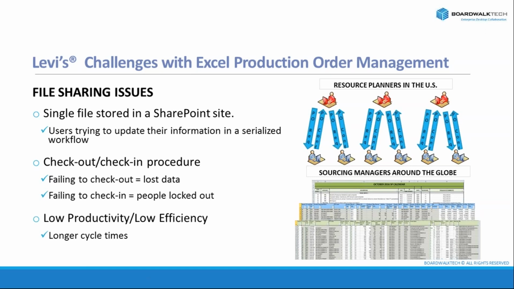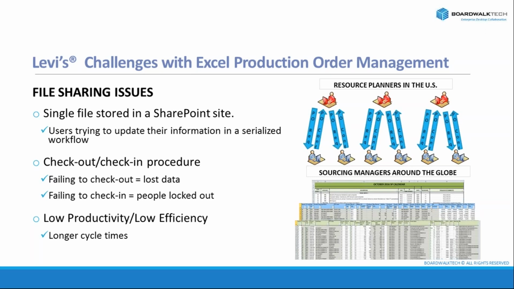People who were locked out by someone else also could not update the file until someone would email that person to check in that file. And checking in the file could take between hours to 1 day, because a person could be on the opposite side of the world, and in the worst case scenario, it could take up to 3 days if that happened on a Friday or weekend or even a holiday in their country.